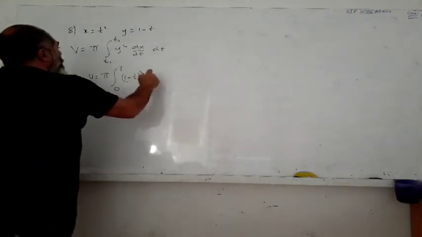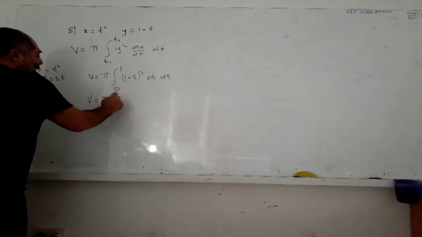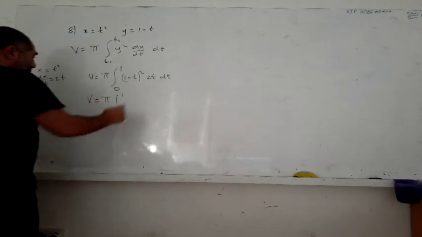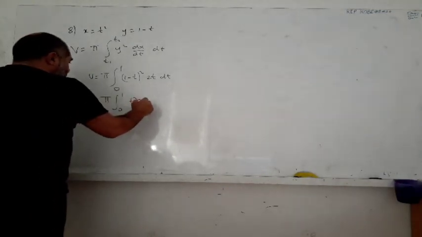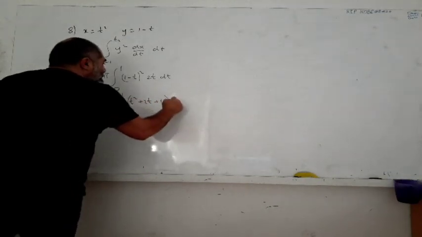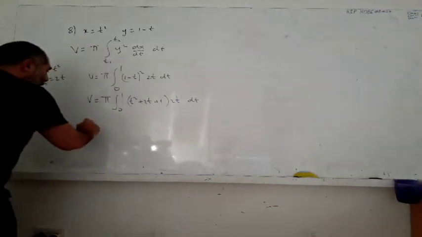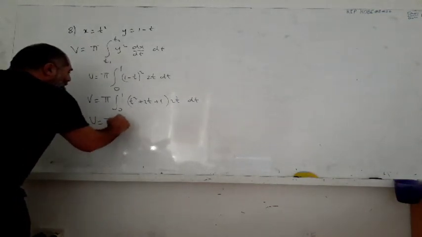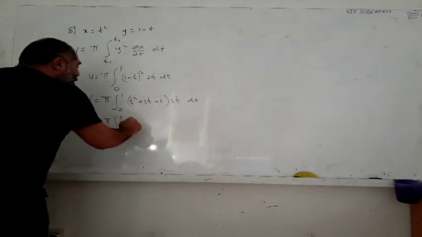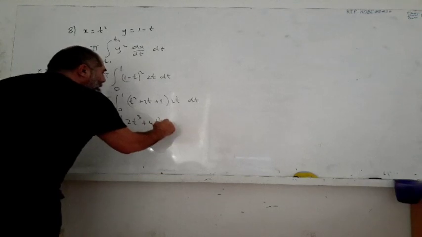So volume is going to be pi times the integral from 0 to 1 of t squared plus 2t plus 1 times 2t dt. Volume will be pi times the integral from 0 to 1 of 2t cubed plus 4t squared plus 2t dt.